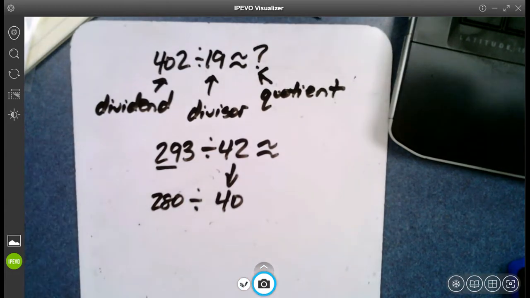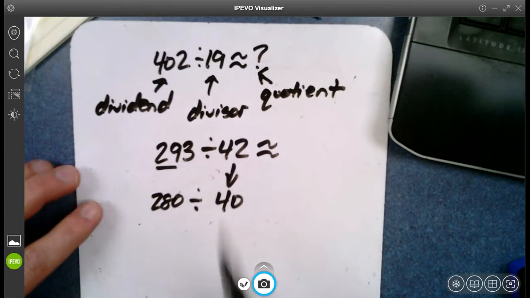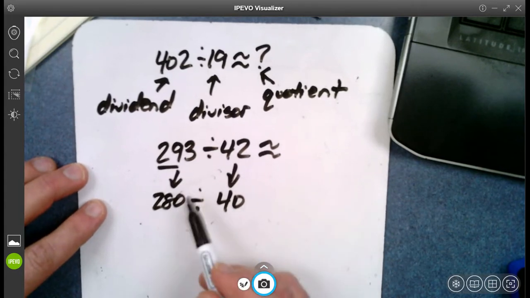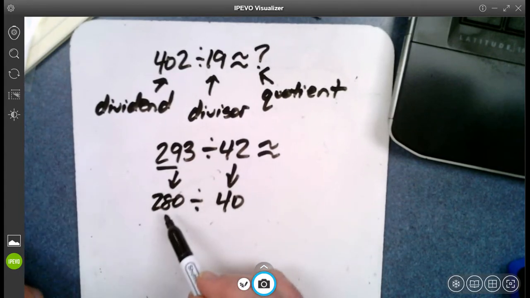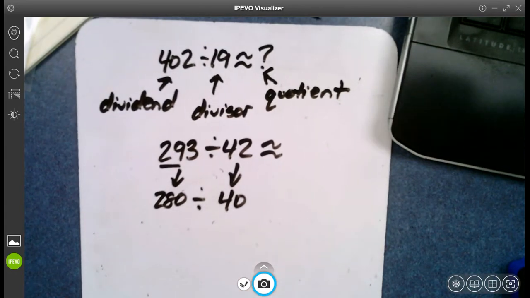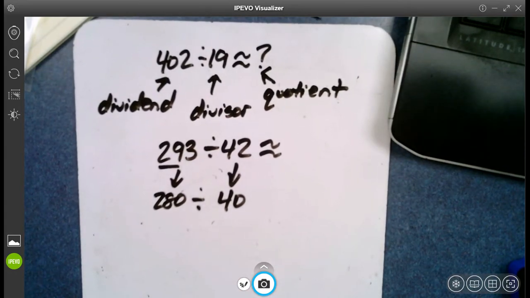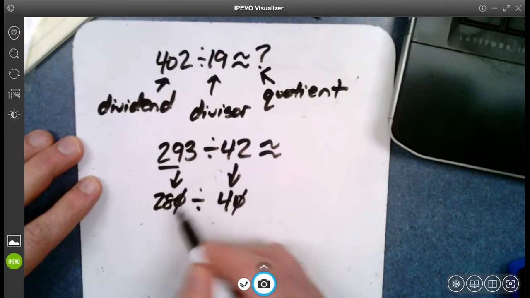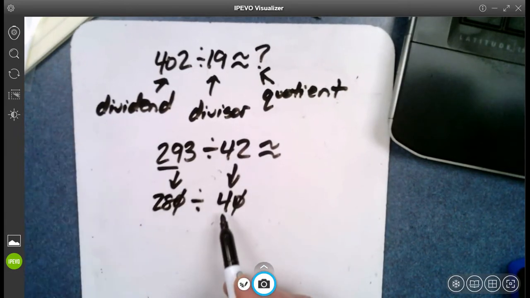The goal here is to look for a basic math fact. The first number we're always going to change to something really easy to work with. The second number we've got to think about math facts. And that's where it's a little bit different than what we did with multiplication last time. So now I'm going to divide both sides by 10, and I have 28 divided by 4.